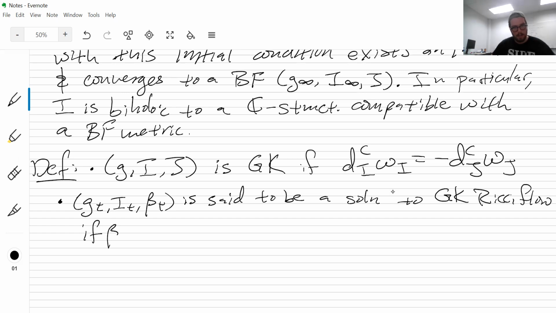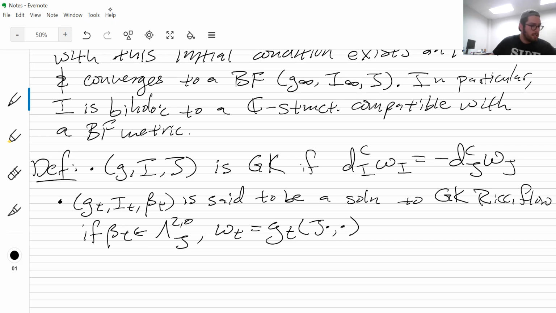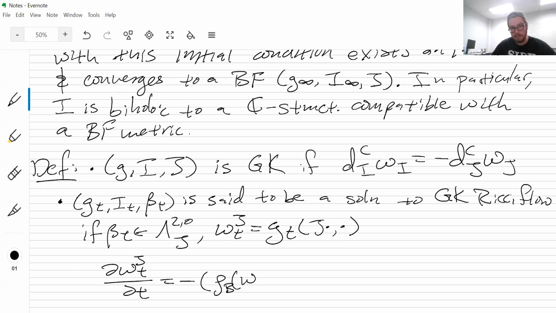if β_t is a J (2,0) form, ω_t is a real J (1,1) form. Oh, sorry, wait. ω_t is g_t J dot, and they flow by the following. ∂ω_t/∂t is minus ρ Bismut, let me call it ω, J_t of the J (1,1) part.